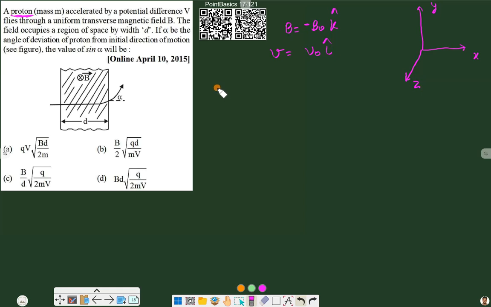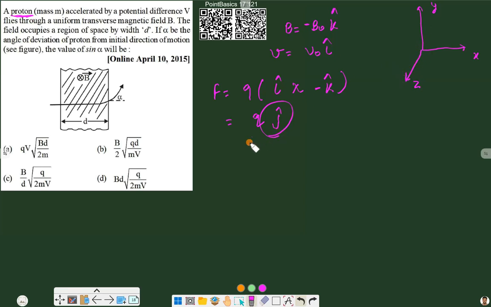Now let's find out the direction of the force acting on it. Force will be q, and we are only talking about direction, so the direction of v is i and the direction of the field is minus k. So i cross minus k; we know i cross k is minus j, so i cross minus k will be j. So we will have qj, or we can say the force will be in the upward direction, in the y direction.